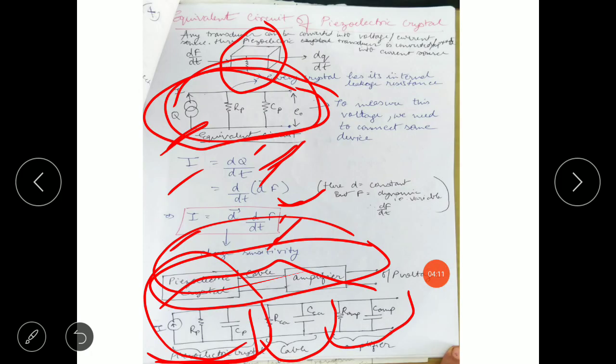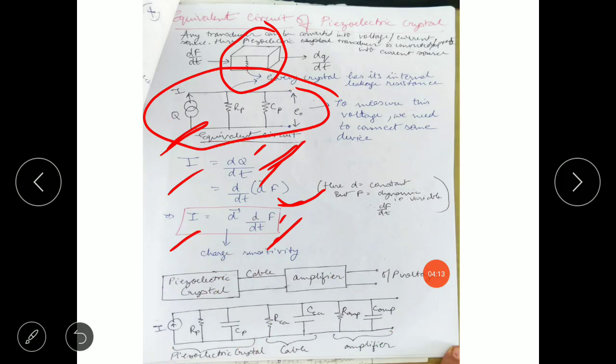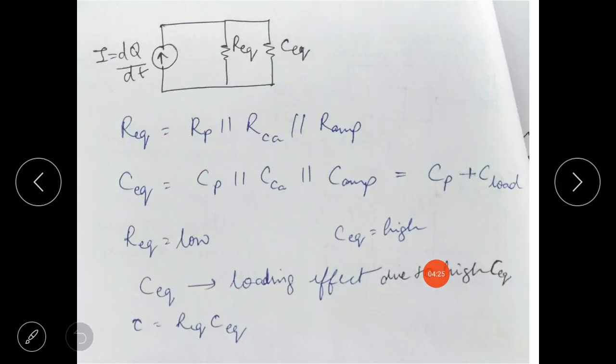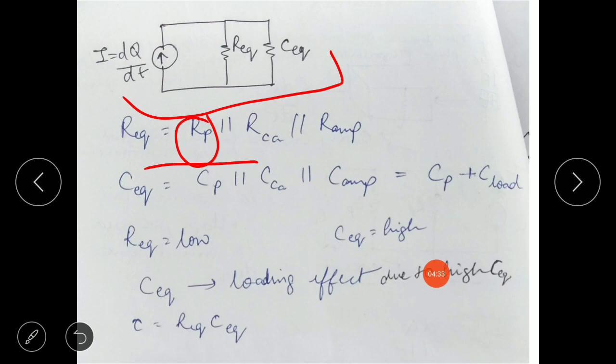Now this whole network can be simplified. These resistances are connected in parallel, as well as the capacitances are also connected in parallel. We can find the equivalent resistance and equivalent capacitance, and simplify the network like this, where R equivalent is Rp, that is the internal resistance of the piezoelectric crystal, parallel to the resistance of the cable, parallel to the resistance of the amplifier.